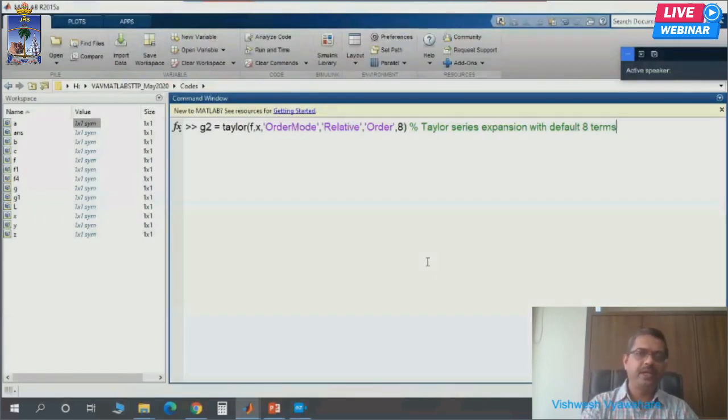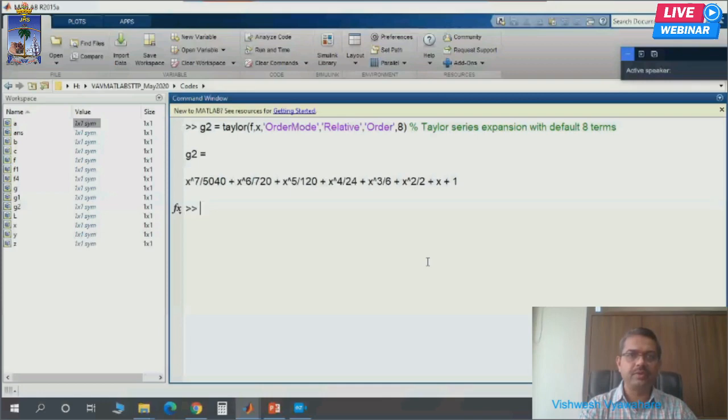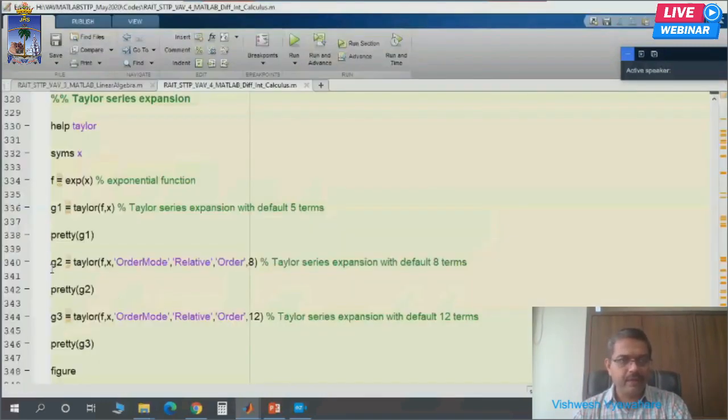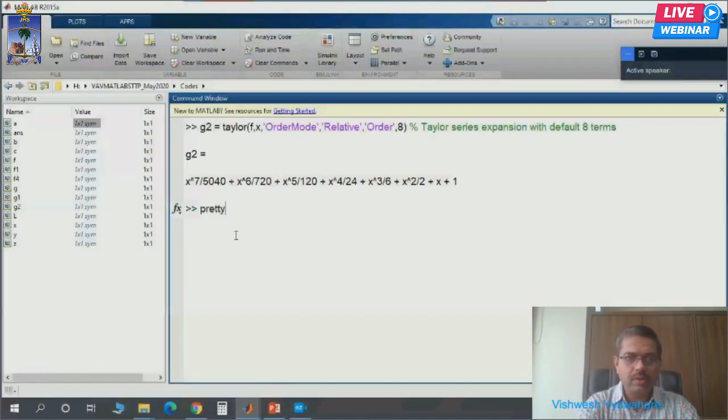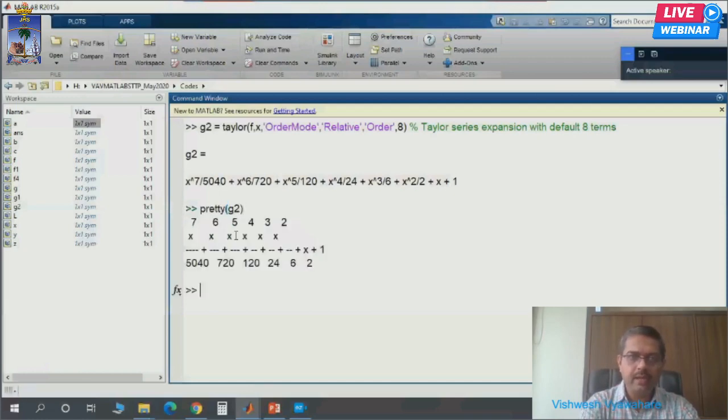Now you have a Taylor series expansion with 8 terms. This is what you have got, Taylor series expansion with 8 terms. If you want to see it again, I will use pretty(g2).